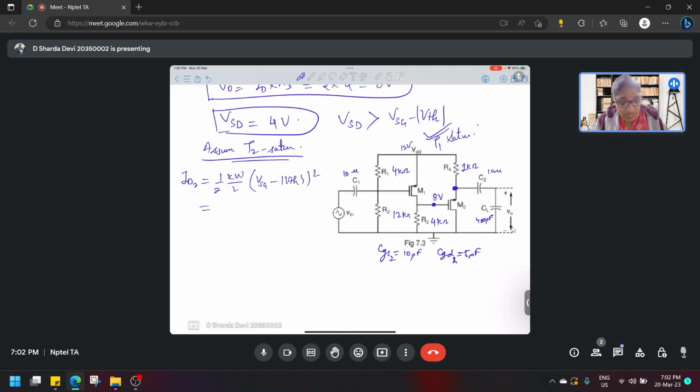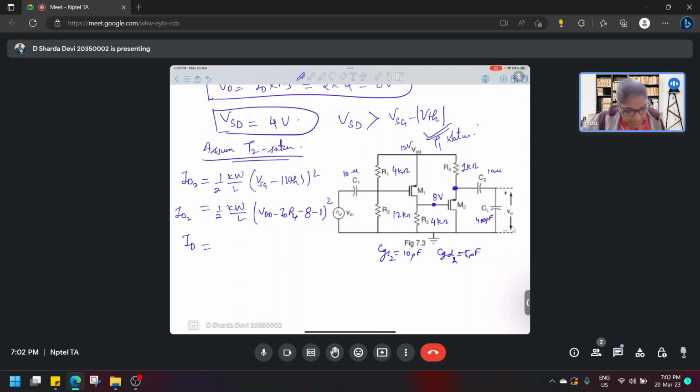Now it is not that straightforward as it looks like, right? Here we actually don't know what is this VS. VS is VDD minus IDR4, minus 8 volts of gate minus 1 volts of VTH of whole square.